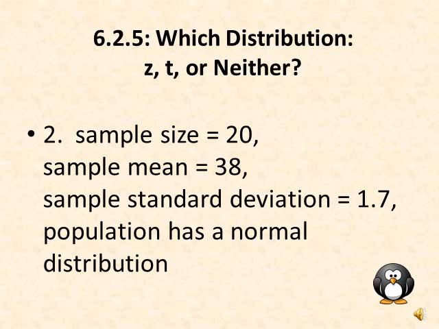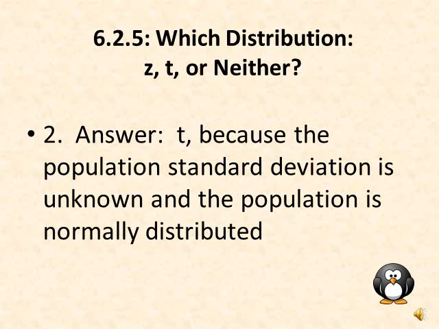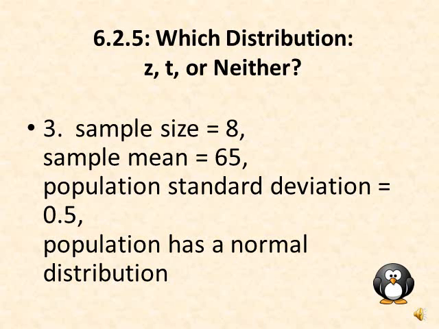2. Sample size equals 20. Sample mean equals 38. Sample standard deviation equals 1.7. Population has a normal distribution. The answer is T, because the population standard deviation is unknown and the population is normally distributed. 3.